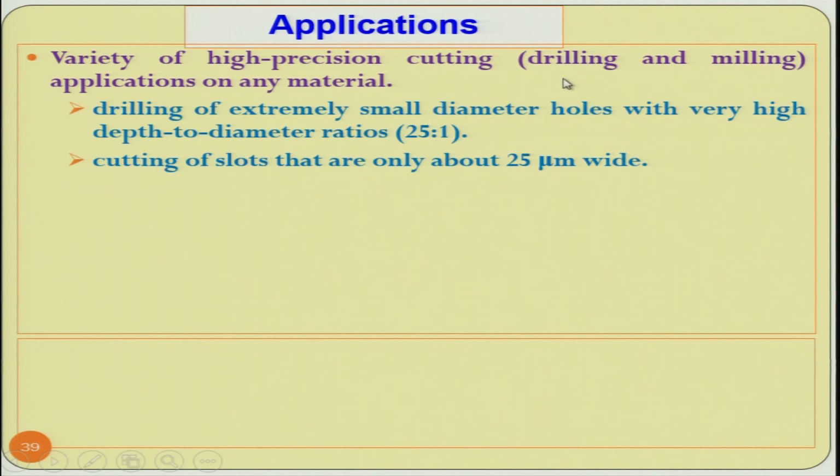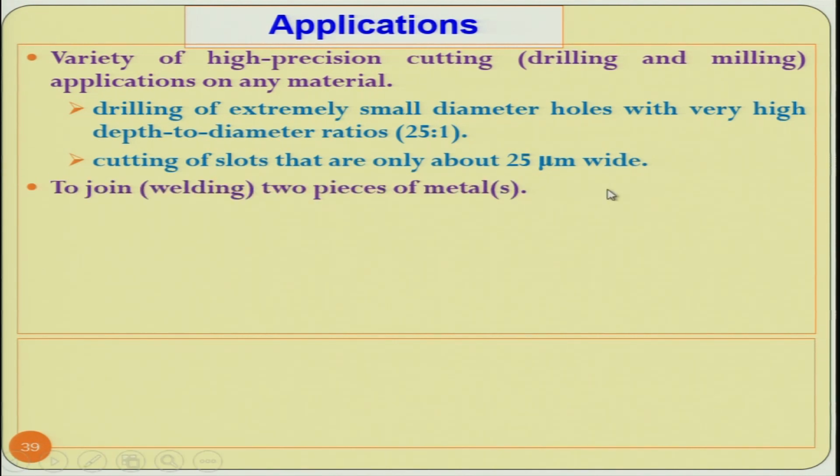Please note carefully that it is not only drilling; you can cut or machine different kinds of cavities by having different relative motion between the beam and the workpiece. Cutting slots only about 25 micrometer wide is quite possible, easily done.